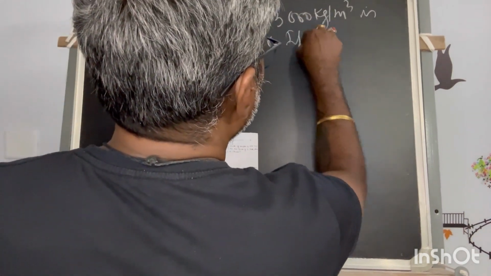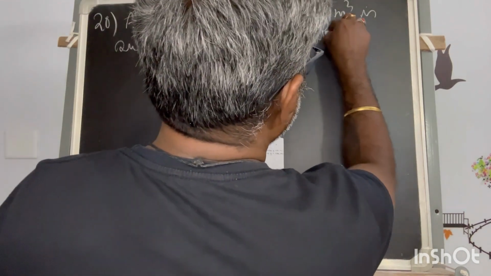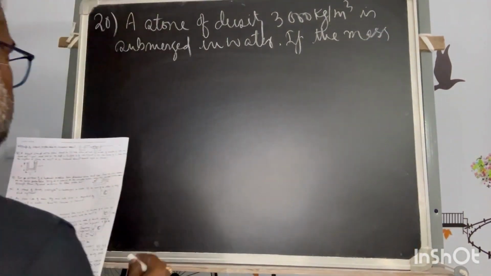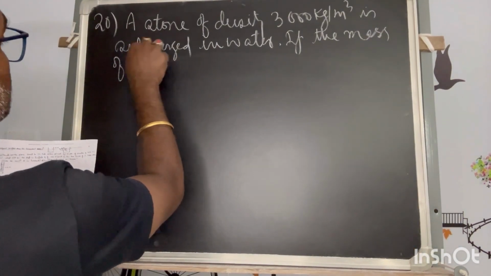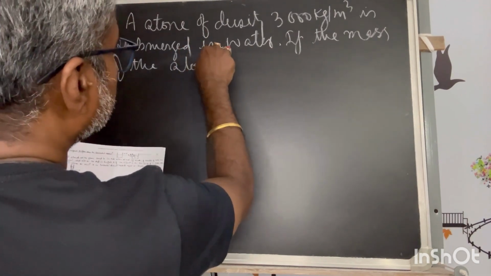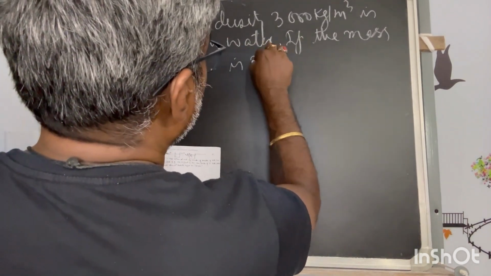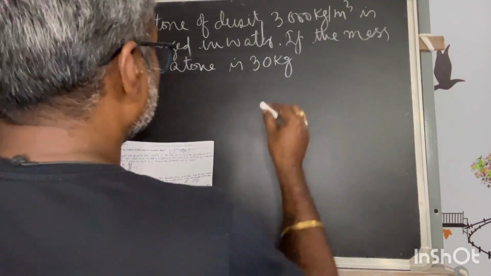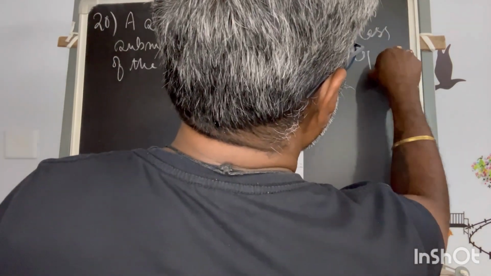If the mass of the stone is 30 kg, find the upthrust.